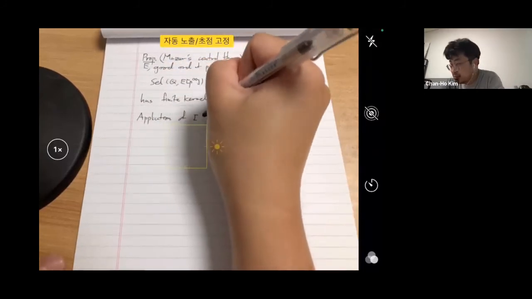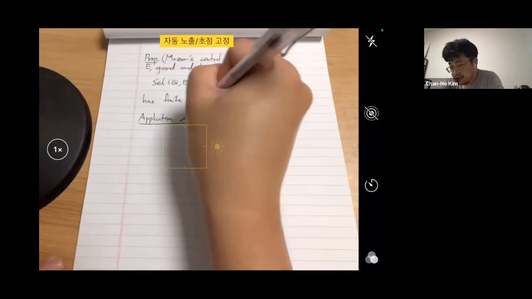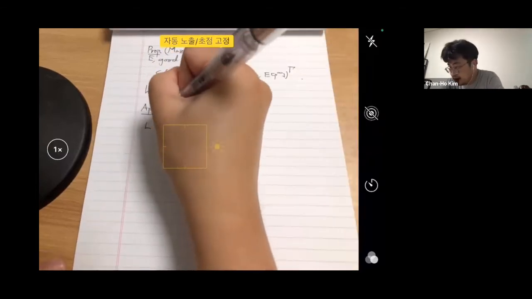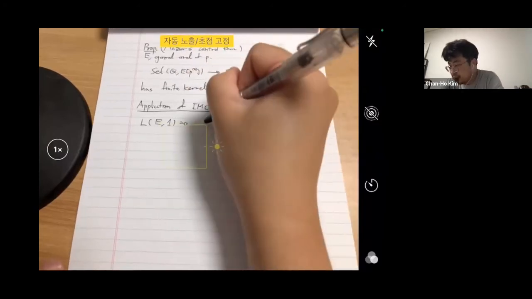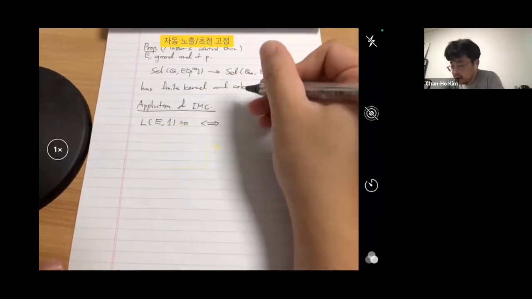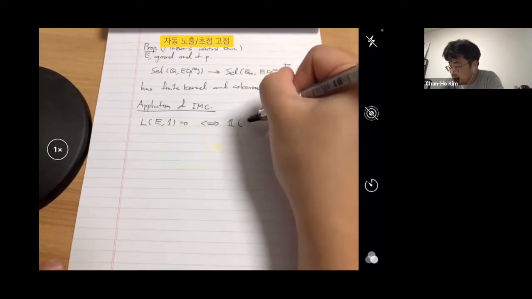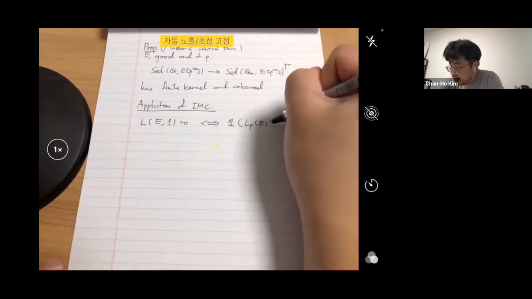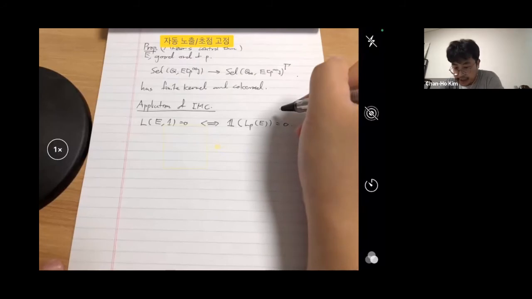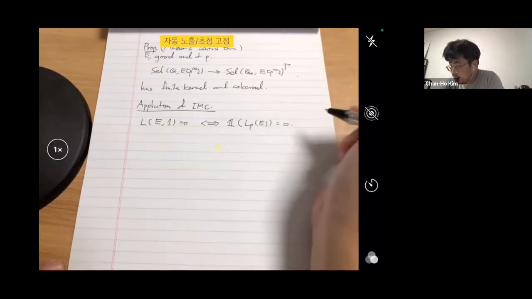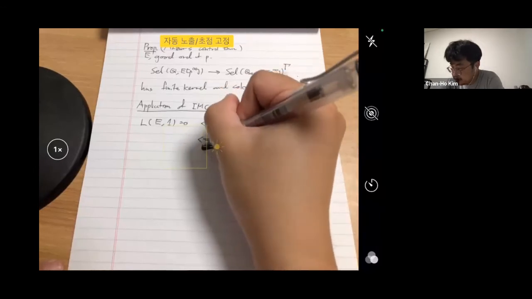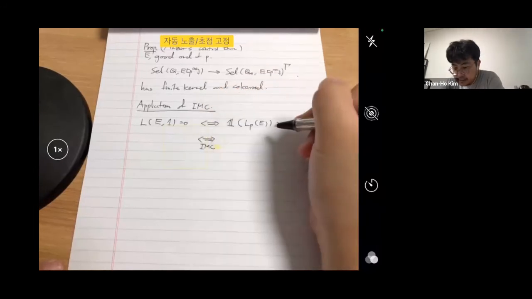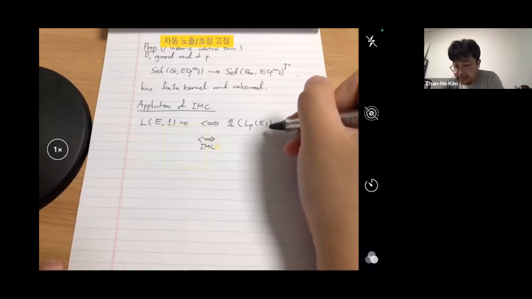So if the L-value is 0, that is equivalent to the evaluation of the p-adic L-function at the trivial character being 0 by the interpolation formula. And this implies, using the Iwasawa main conjecture, that the gamma coinvariant of the dual Selmer group is infinite.